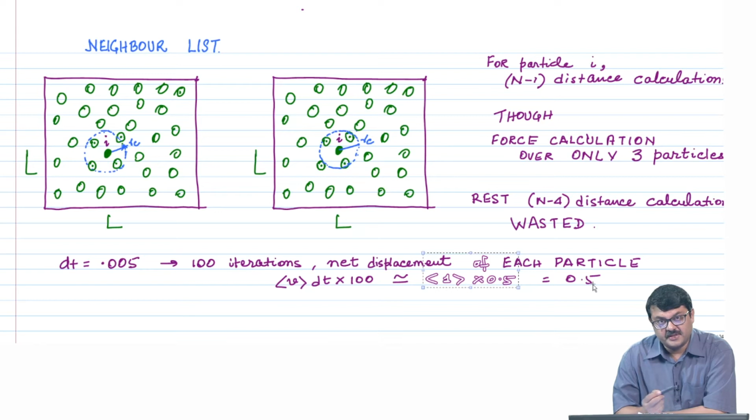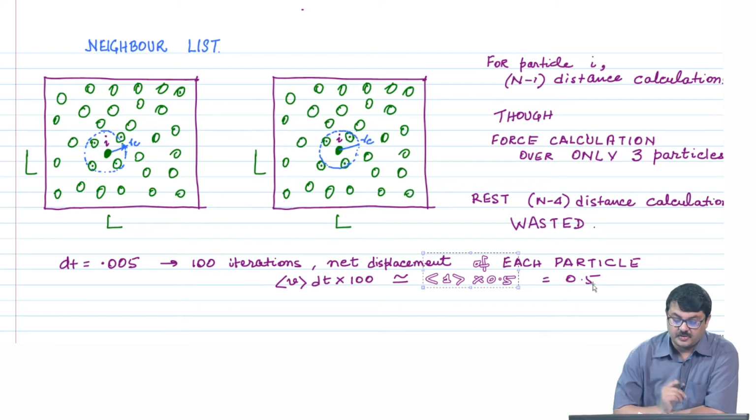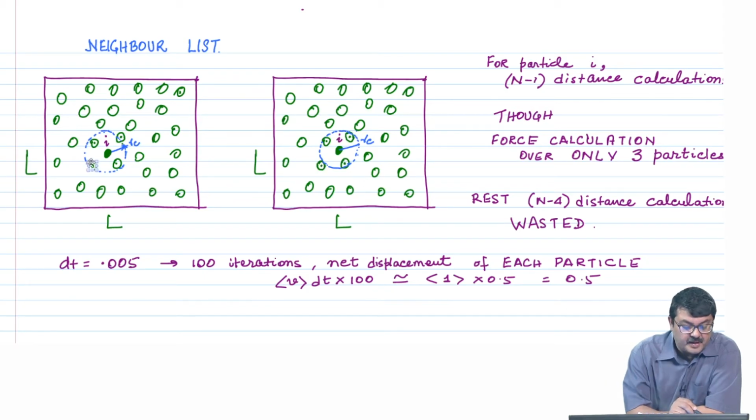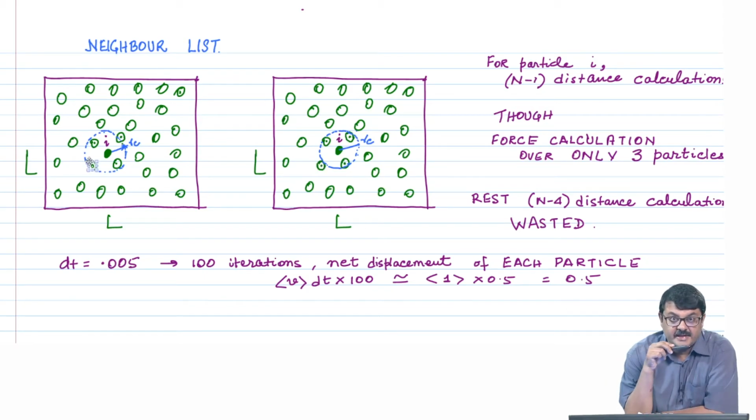It is basically half a diameter if sigma equals 1, and significantly smaller than the size of the box. So this particle would have moved only a small distance. This particle was within its cutoff radius, so it was interacting, and there was a finite force that it was feeling from this particle.